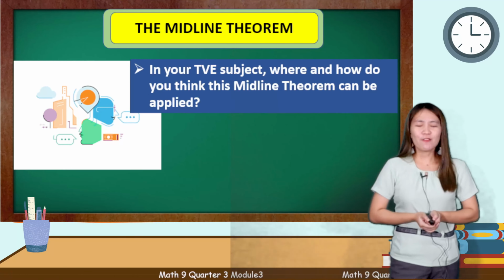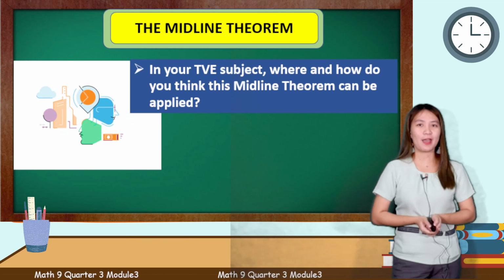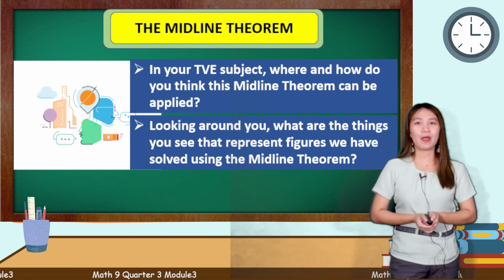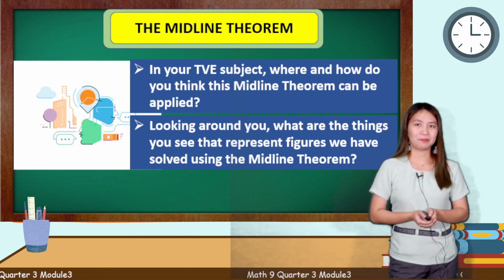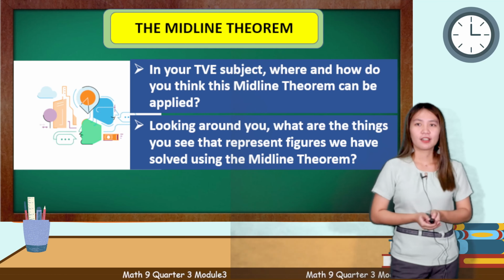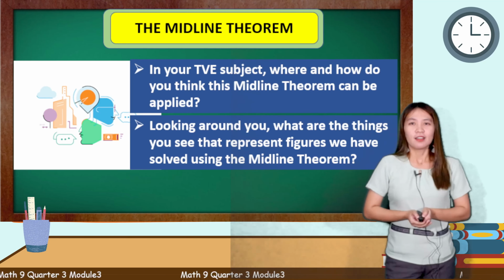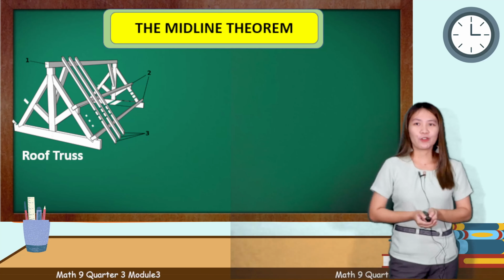So in your TVS subject, where and how do you think this midline theorem can be applied? And looking around you, what are the things you see that represent the figures that we have just solved using the midline theorem? So in your TVS subject, you can use the midline theorem in roof trusses.